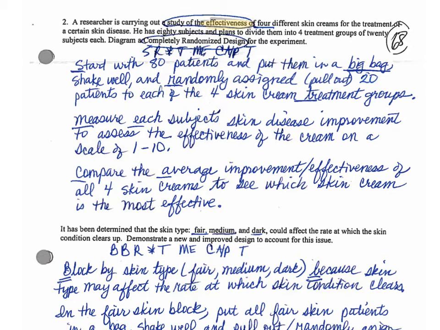So compare the average effectiveness of all 4 skin creams to see which skin cream is the most effective. Next year I'm going to fix the song and add the T for to see. Okay, so do you see how I'm using the exact same language that they used? They said we were comparing the effectiveness of the skin cream. So I'm using the same language that they use.